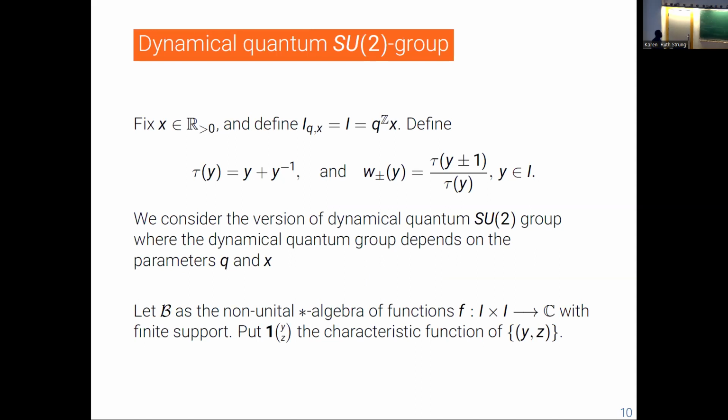Okay, now we are just going to stop here and recall the definition of the dynamical quantum SU2 group.